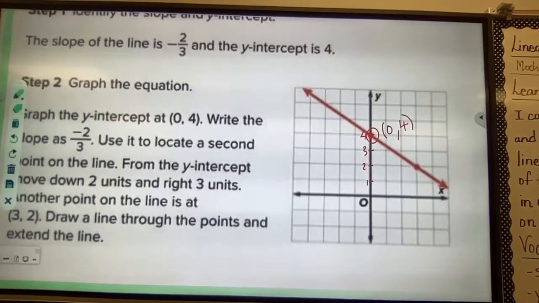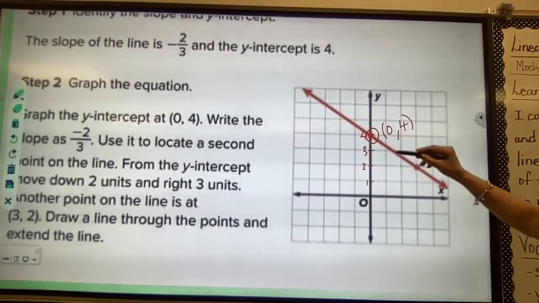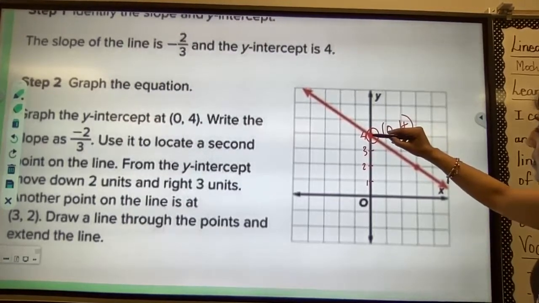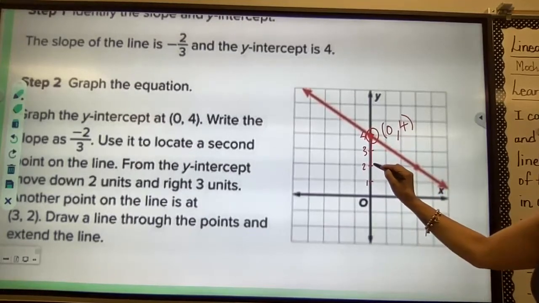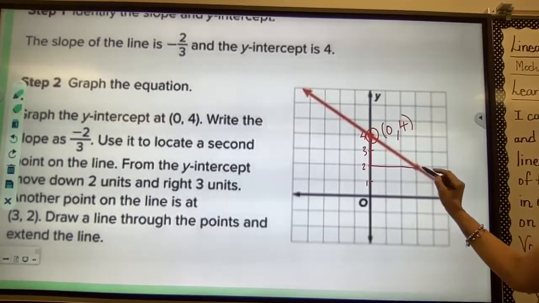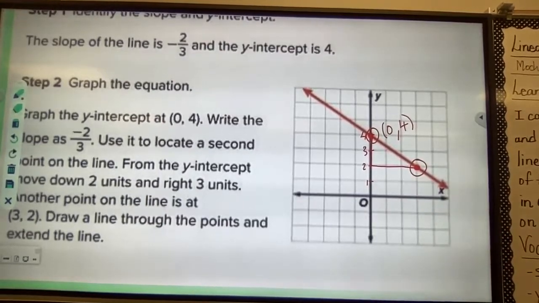Okay, and then I am going to use the slope, which was negative 2/3, and I am going to graph. So since it's a downward slope, what are we seeing? We are seeing it's going down 2, this is the rise, 1, 2, and run is 3, 1, 2, 3. So this is the second point that we are graphing.